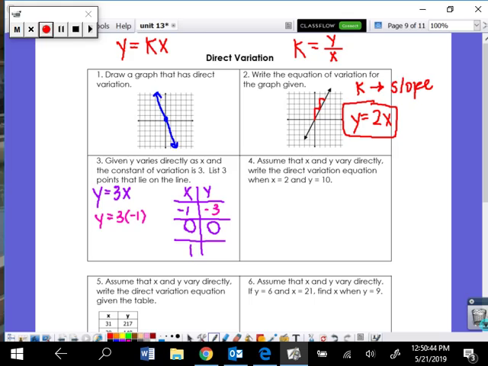And then 3 times 1 is 3. So we have our 3 points: (-1, -3), (0, 0), and (1, 3). Again, you can get different points depending on the x values you choose.